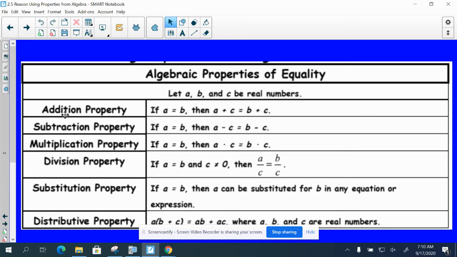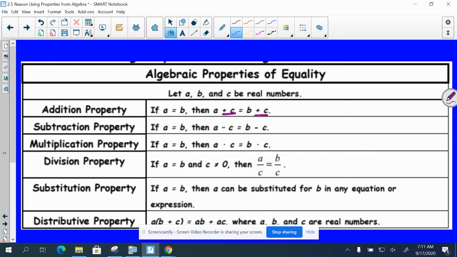You have your addition property. So if A, B, and C are any real numbers, if A equals B, then A plus C equals B plus C. So that means that if you have two sides of an equation, you can add something to both sides.